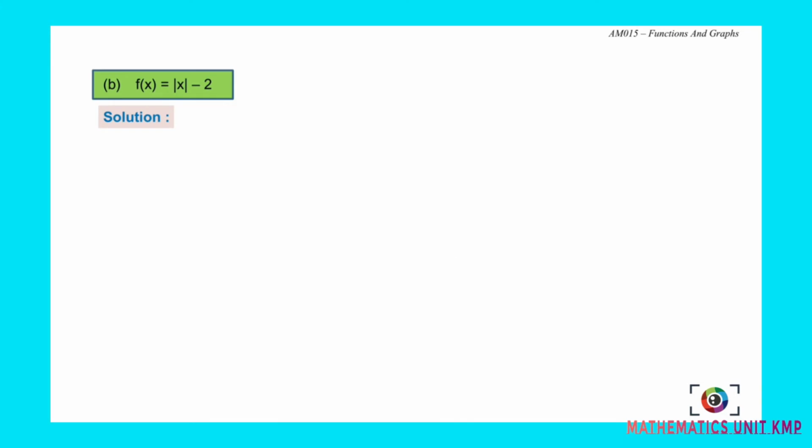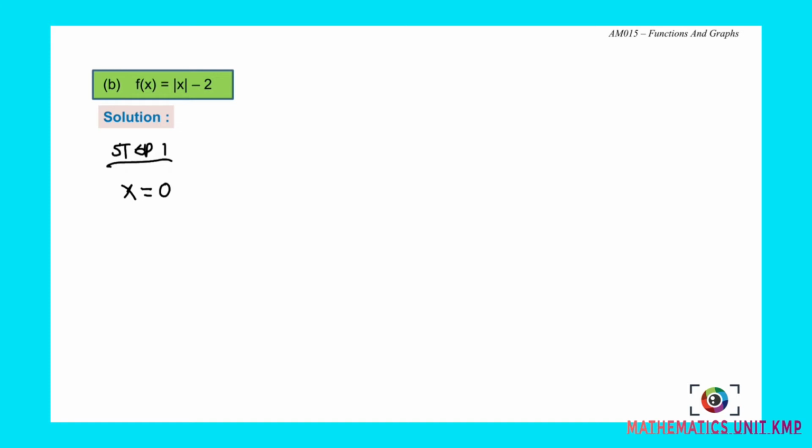We go to this example. Okay, f(x) equals modulus x minus 2. What is the first step? Do you still remember? Okay, very good. The first step is you find the coordinate of the vertex. Here the function inside the modulus is only x, so just take x equal to 0. Okay, now you only have the value of x.